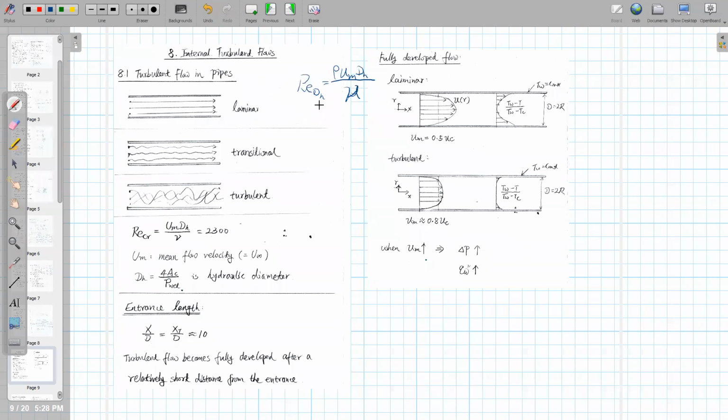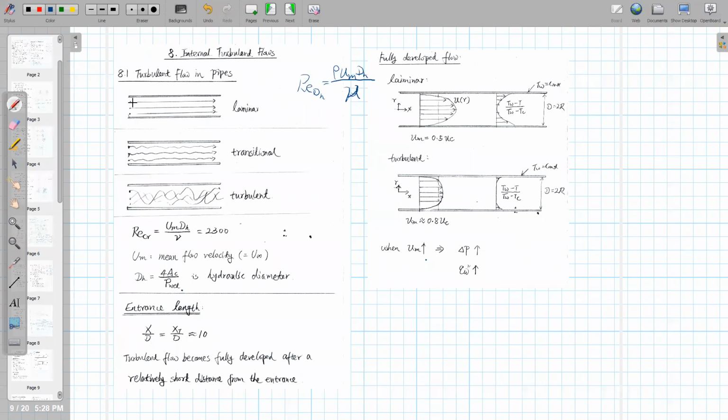Based on the different values of this Reynolds number, all these three cases are fully developed flow, but maybe in different flow regimes. It can be either laminar, transitional, or turbulent.